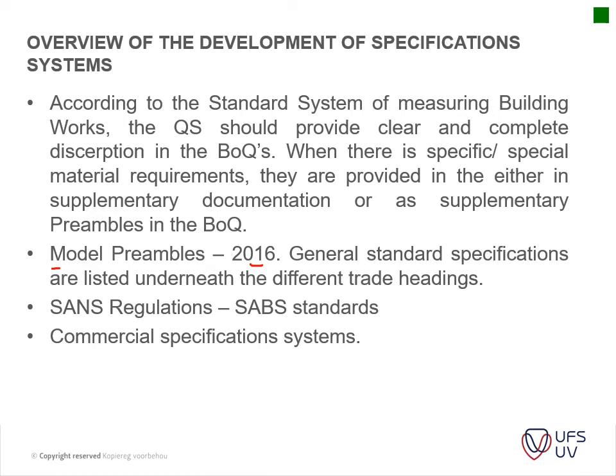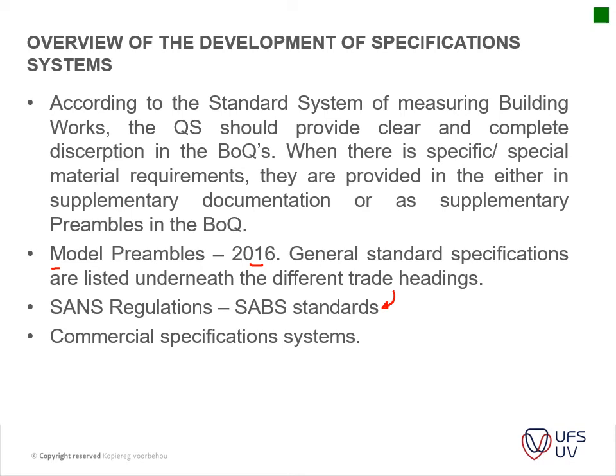Then anything additional to that will be specified in the BOQ or supplementary preambles as shown in the previous lecture in your BOQs. Then you've got your SANS regulations, the SABS standards. I'm not going to go into that. What usually happens, the model preambles refer to specific regulations in the SABS, and so the two go hand in hand.